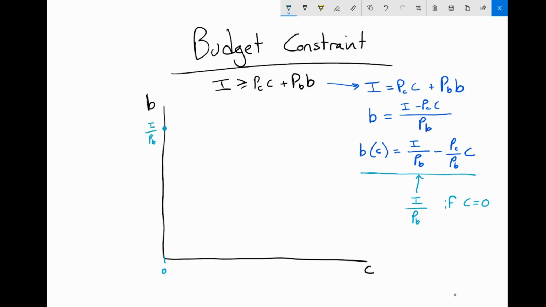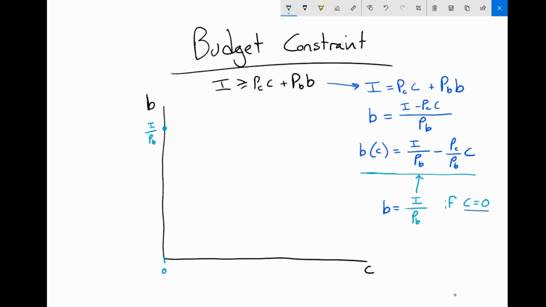This would be if I bought no cups of coffee and spent all of my income on bagels. This is the amount of bagels that I'd be able to consume: I divided by P_B, my income divided by the price of bagels.